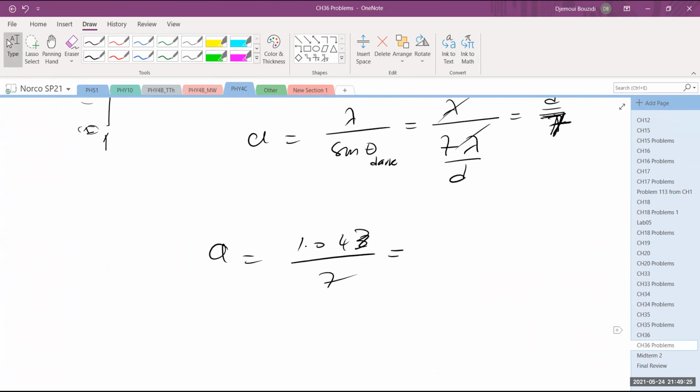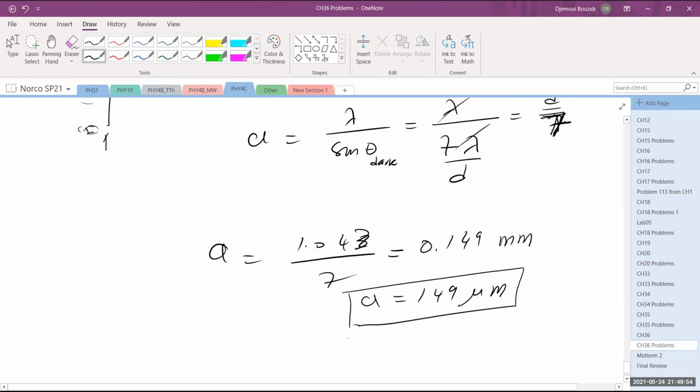So now I have to use a calculator again. 1.043 divided by 7, and that is 0.4149 millimeter, or 149 actually micrometers. Obviously, it should be smaller than the separation between the two.